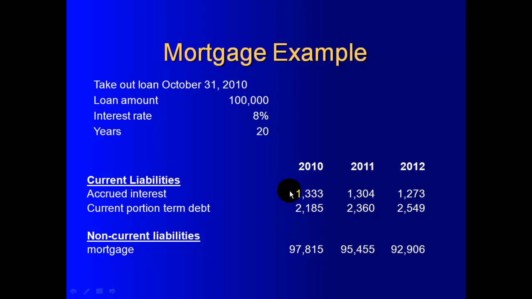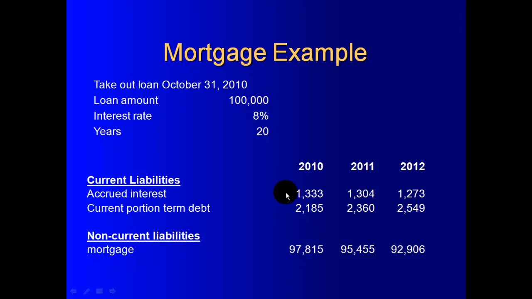The accrued interest is basically 2 months of interest because we took out the loan the end of October, so we'd have November and December on $100,000 at 8%. So if you took $100,000 times 8% and divide it by 12, that would be the interest for 1 month. Times it by 2, you've got the interest for 2 months. So accrued interest here is $1,333.